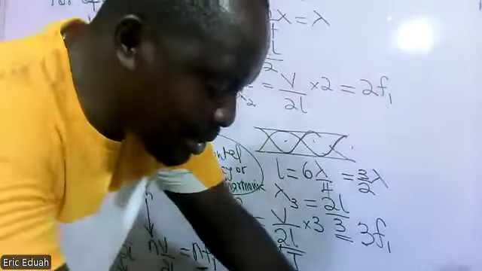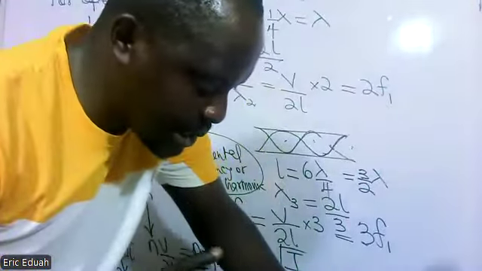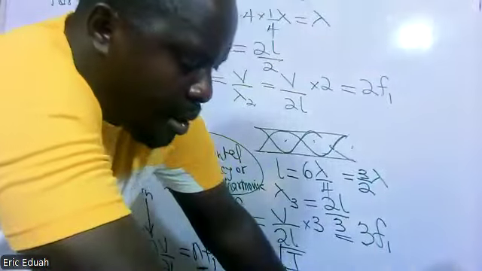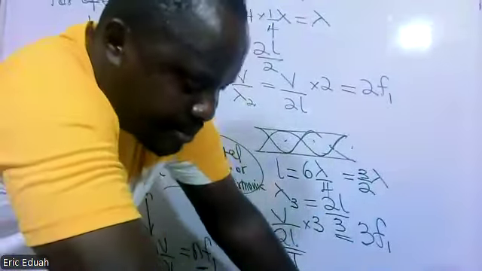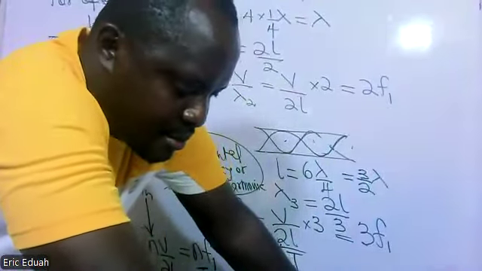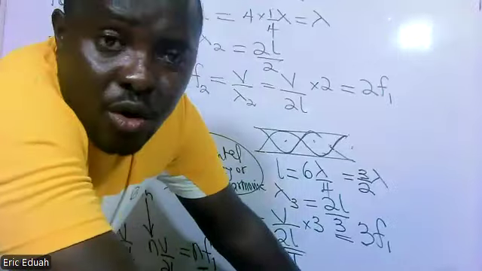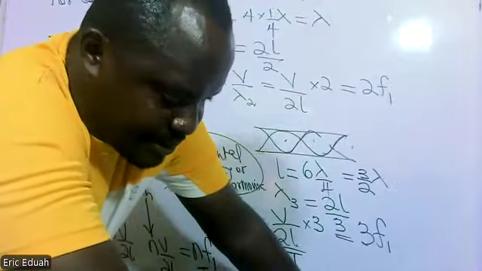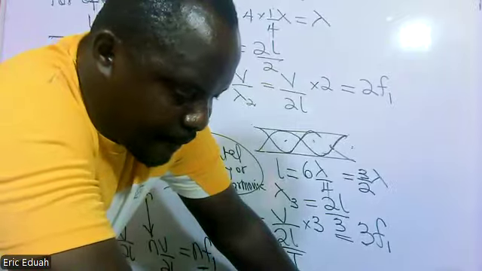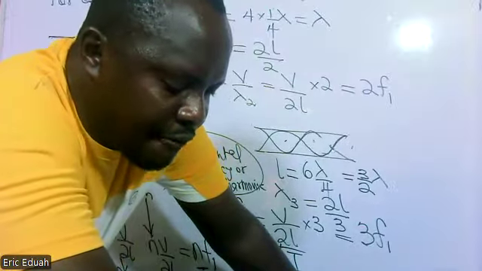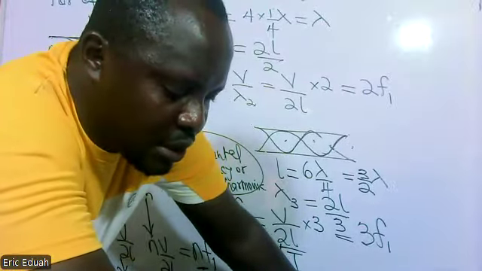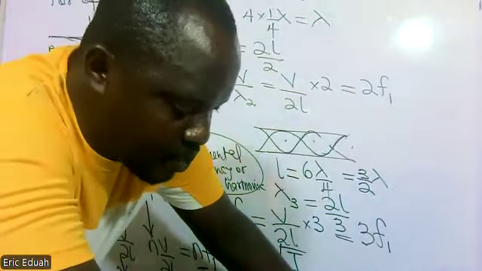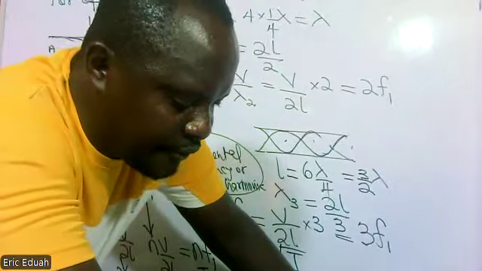So listen to this first question, then we move on. A closed pipe and an open pipe have their first overtones identical in frequency.